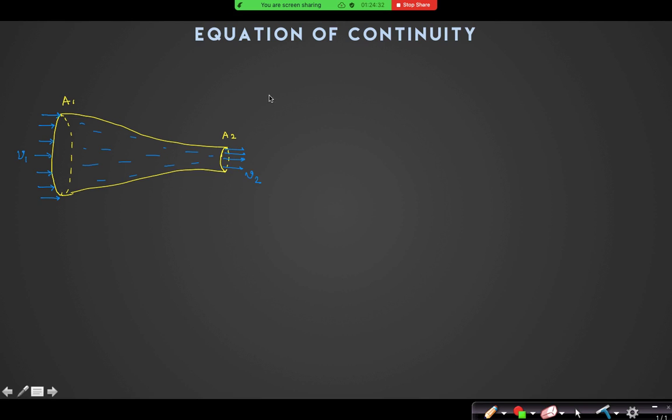As the liquid is incompressible, the volume of liquid going inside should be the same volume that comes outside of the tube in a given time.